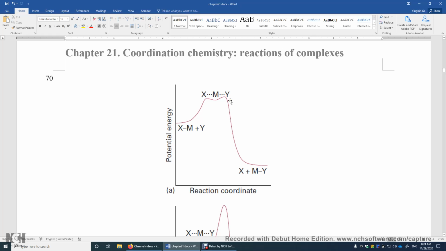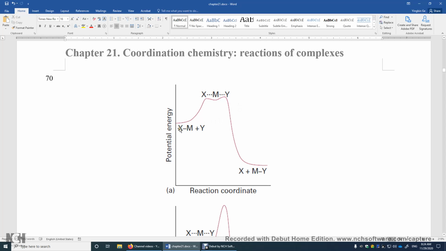Now, which one is associatively activated, which one is dissociatively activated? You need to look at the two steps in the sequential mechanism. Whichever step has the largest energy barrier or activation energy is the rate limiting step.